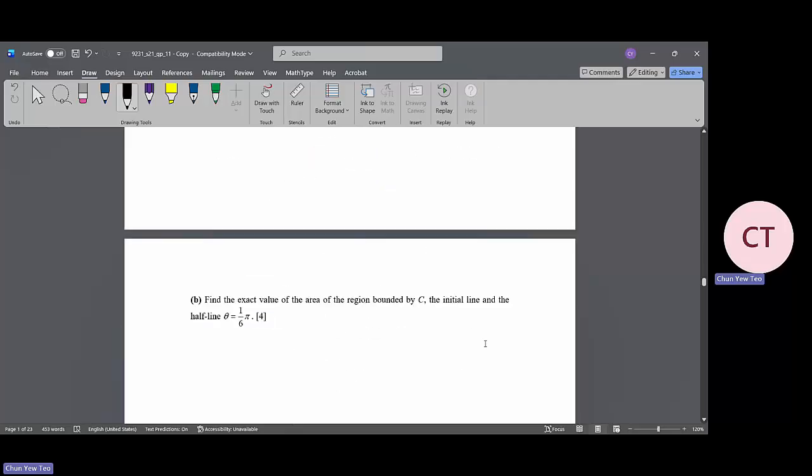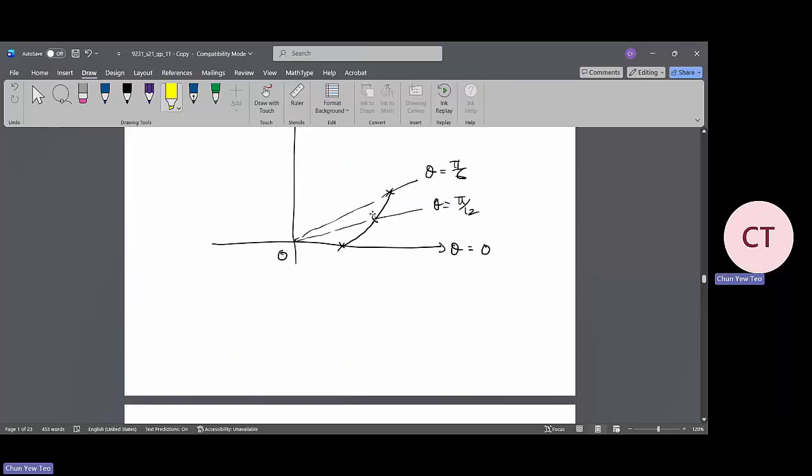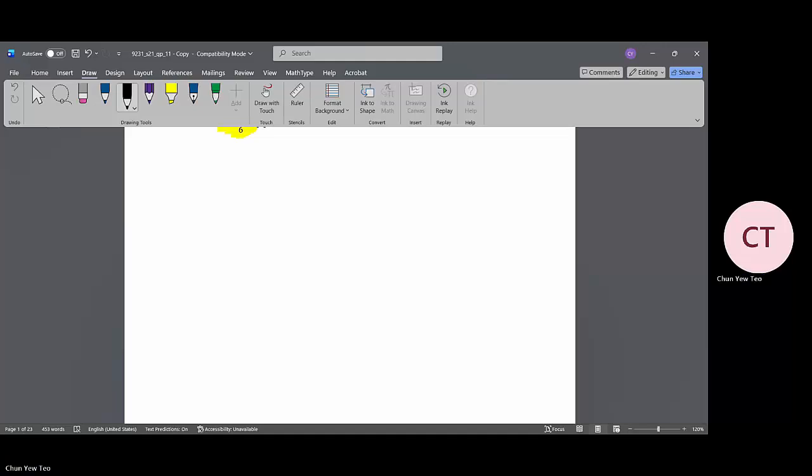Then number 5B, we want to find the exact value of the area bounded by the curve C, the initial line and the half line of theta equal to pi over 6. This means we are looking for this area. So we need to integrate, 0 to pi over 6, half r squared d theta.